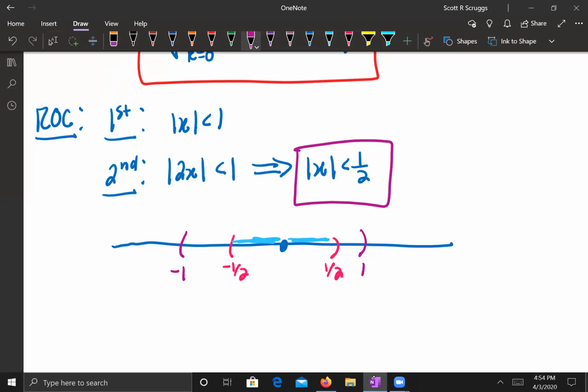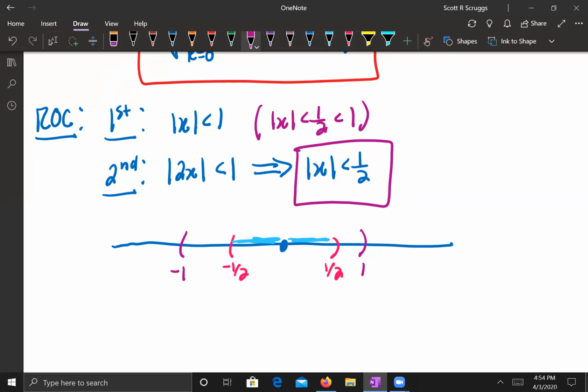Because if I have absolute value of x less than 1, and the fact that it's less than 1/2, then I have that inequality.